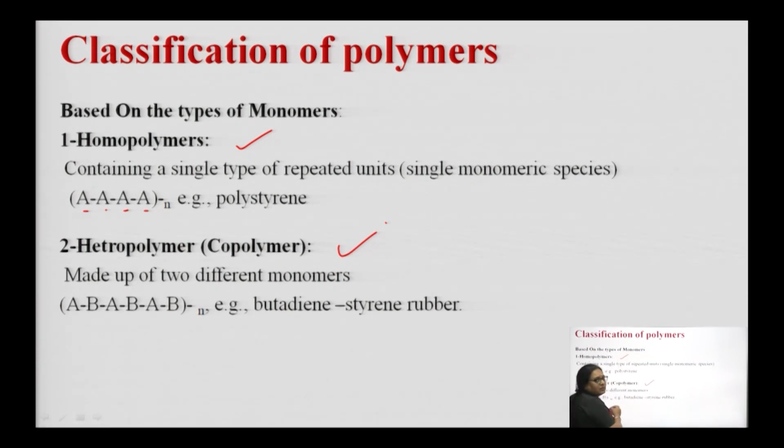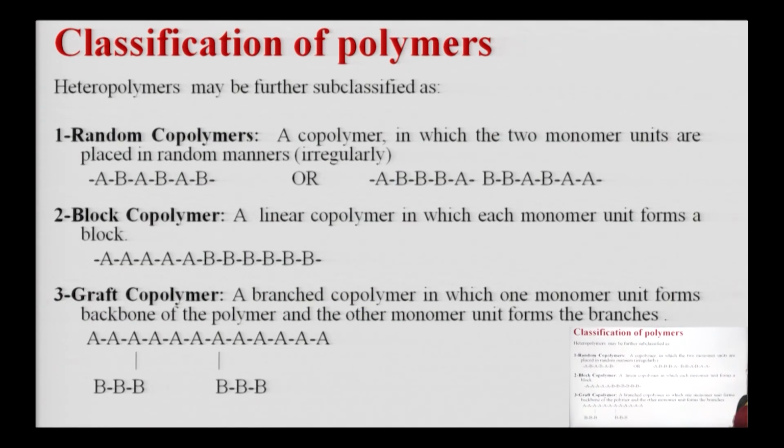Whereas heteropolymers have two different types of monomeric units, A and B. Further, heteropolymers may be classified as random copolymers, block copolymers or graft copolymers. This classification is based on the arrangement of the monomeric units.